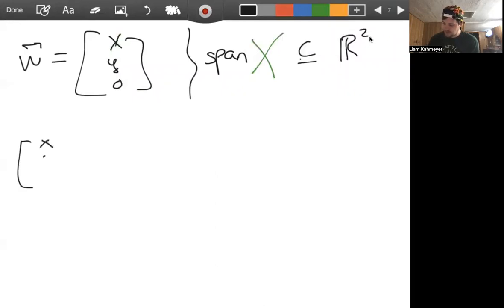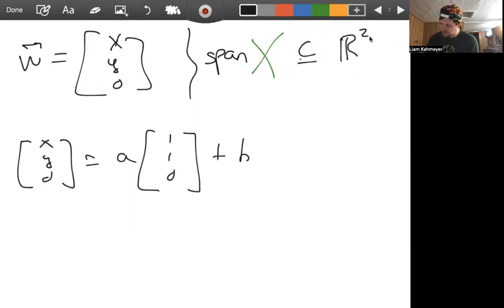And then one thing you can observe is that now we're trying to relate these vectors. So we have A times (1, 1, 0) plus B times (3, 2, 0).